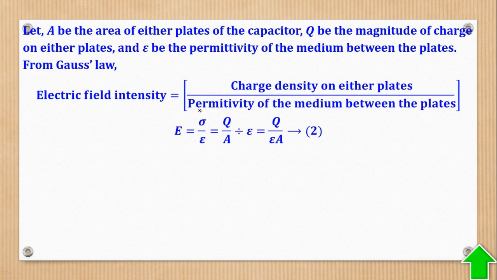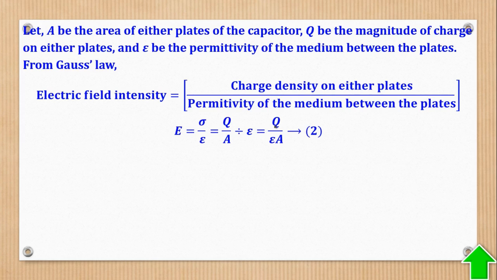But charge density is charge over area, so sigma will be replaced by Q over A, and epsilon will remain. That's why there's this division sign. When I change this to a multiplication sign, this becomes a reciprocal, which is why it is going down. So this will be equation 2, where E is equal to Q divided by epsilon A.